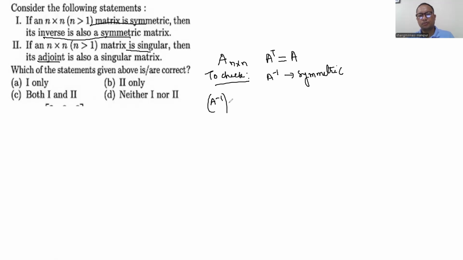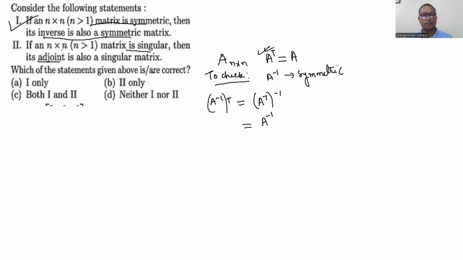If the transpose of A inverse equals A inverse, then it is symmetric. Now, the transpose of A inverse is the inverse of A transpose. And A transpose is A, because of this property. So A inverse is also symmetric. The first statement is correct.